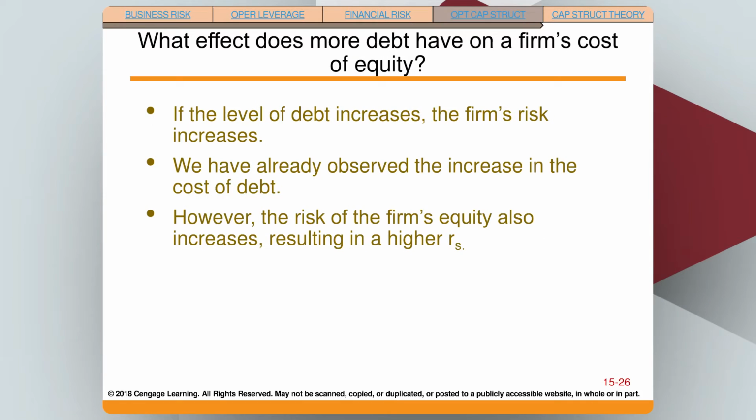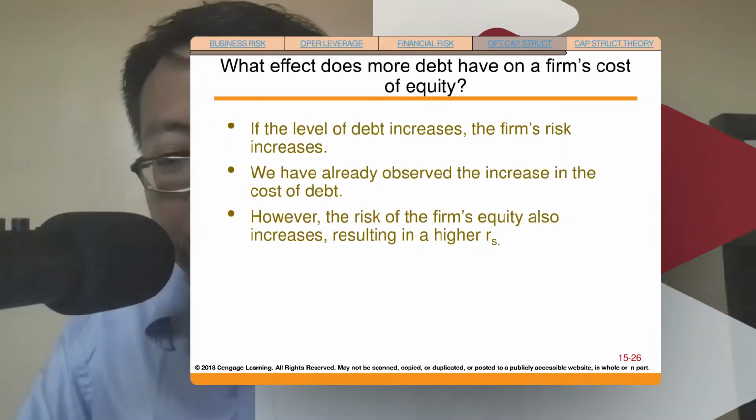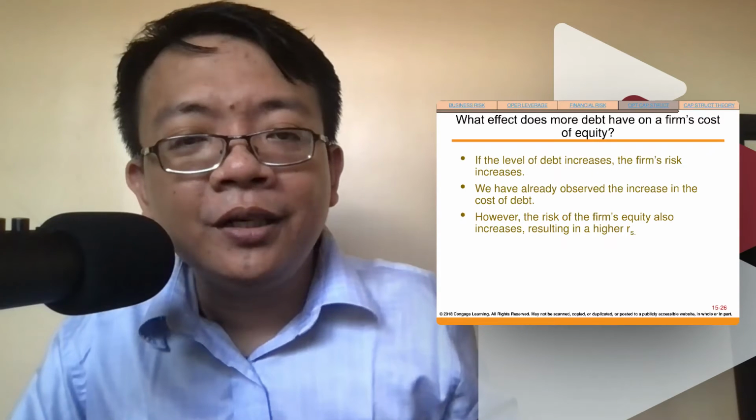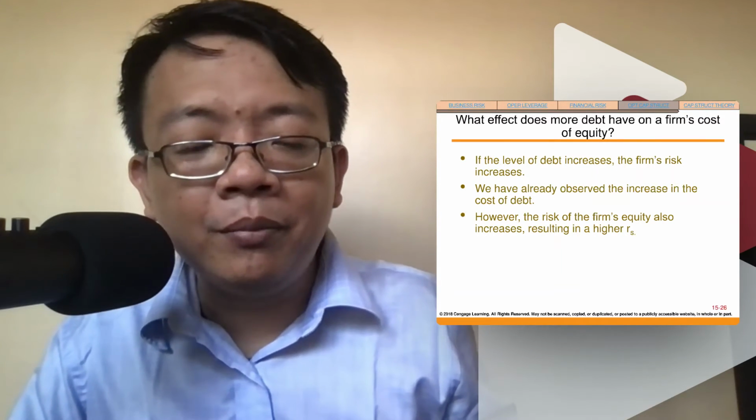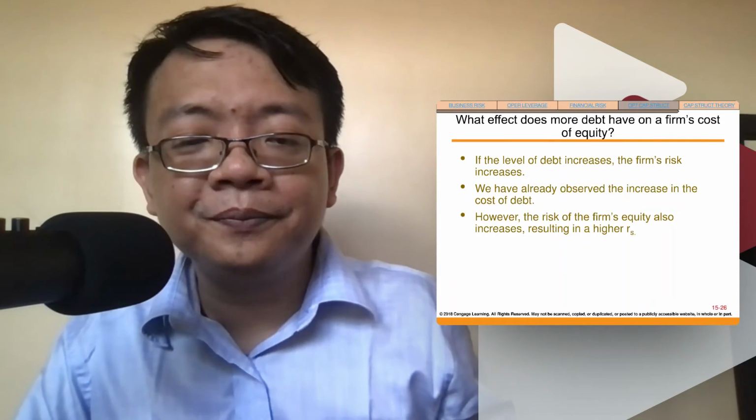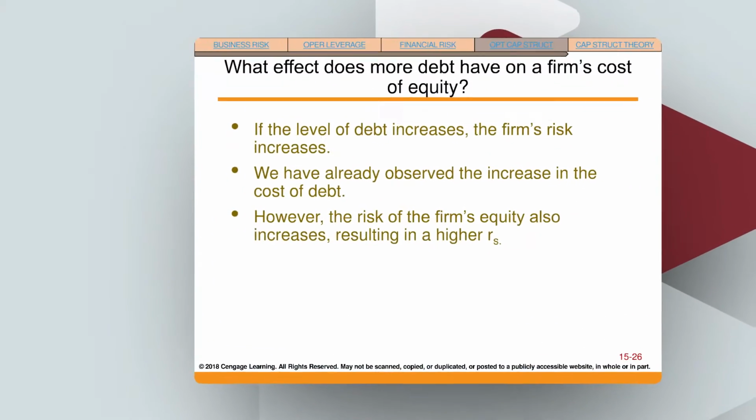So meaning, what effect does the more debt have on the firm cost of equity? So, if the level of debt increases, the firm's risk increases. Common sense class. Pag tumataas ang ating utang, risky tayo na hindi makapagbayad ng utang. Tama ba? Yes. Alright.